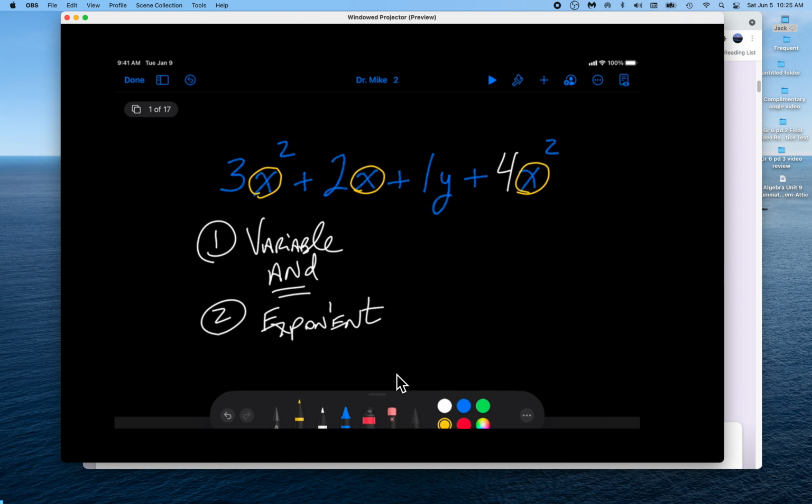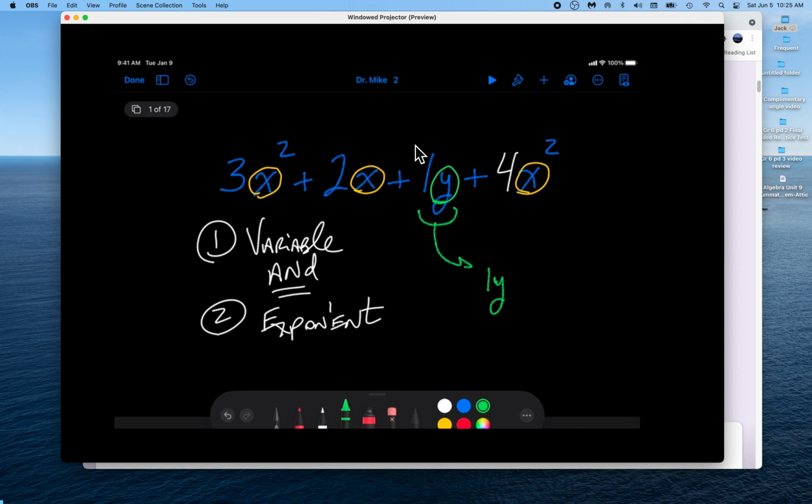This variable is x. And this variable is y. So we know there are no other y variables. So this term right here does not have any like terms. All right, so we cannot combine this with any other term. So as I simplify this expression, I'm going to immediately bring that down because that is not going to change.